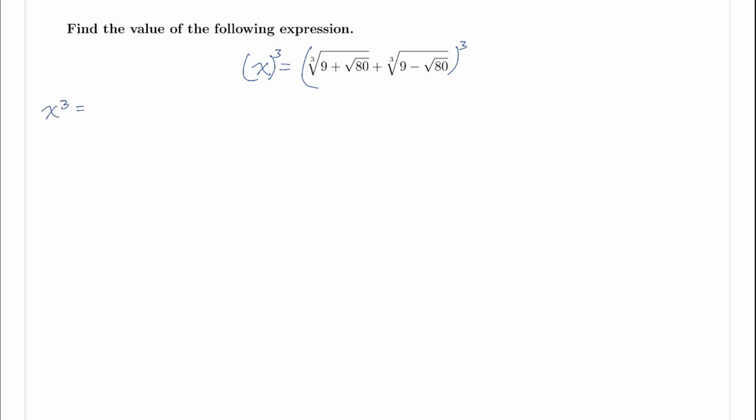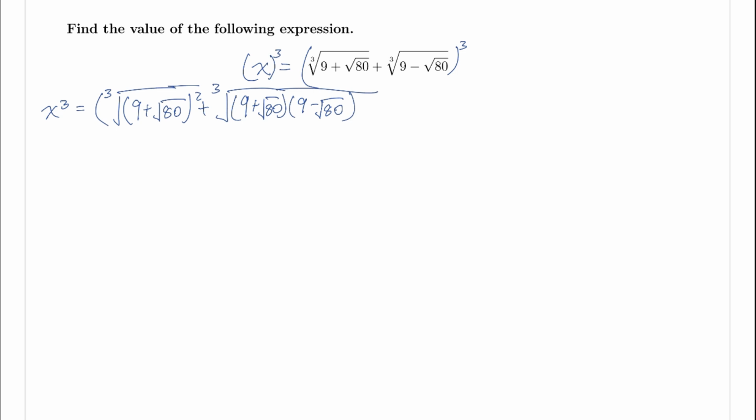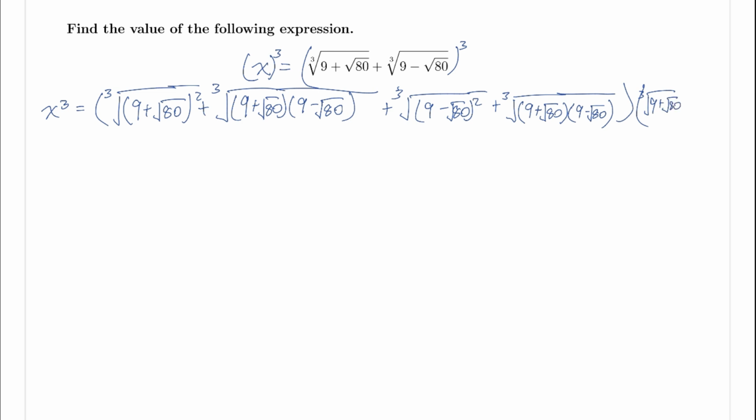So x cubed equals the cube root of 9 plus root 80, squared, plus the cube root of 9 plus square root of 80 times 9 minus square root of 80, plus the cube root of 9 minus root 80, squared, and plus the cube root, again, of 9 plus root 80, 9 minus root 80, and then finally, the cube root of 9 plus square root 80 plus the cube root of 9 minus square root 80.